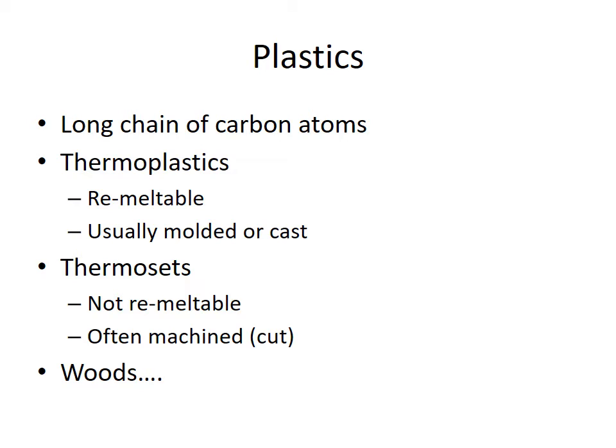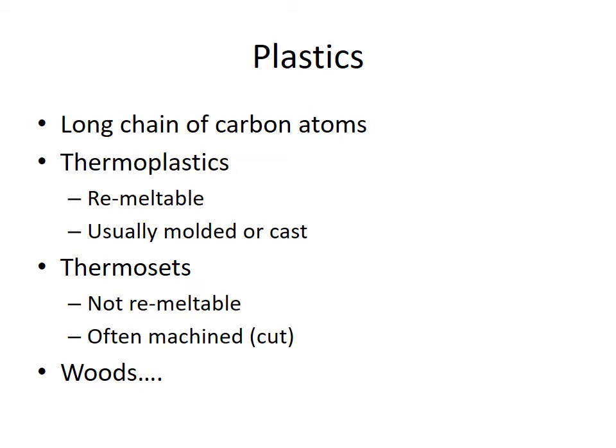Thermosets are plastics that are not remeltable. And if you don't have much experience with plastics, if the only thing you knew is melting a fork over a campfire, that is obviously a thermoplastic.